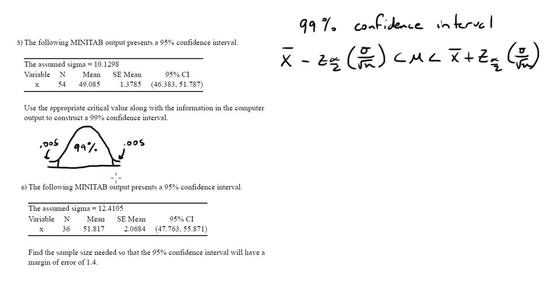So in order to determine this Z alpha over 2 value, in order to determine these two values, positive and negative, I need to go to my Z table and look for 0.005. The table gives me the values to the left. I'm looking inside the table for 0.005.